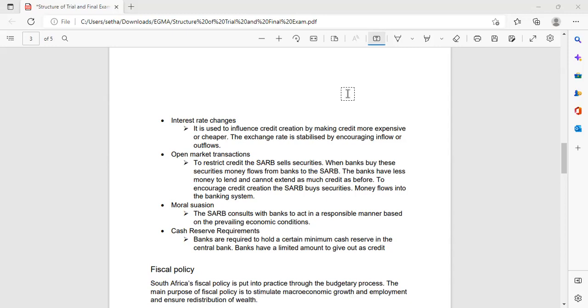So if the South African Reserve Bank wants to stimulate growth in the economy, they make use of the repo rate and the prime rate. Open market transactions: to restrict the credit, the South African Reserve Bank sells securities to the banks.